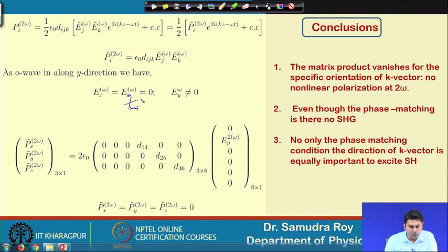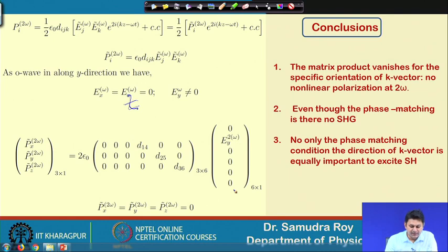Since E is only in the y direction, all the other components will be 0. Now what we will do is put the E vectors here the way we put them in the matrix form, to figure out my Px, Py, Pz, or rather the amplitude of the polarization in the x, y and z directions.